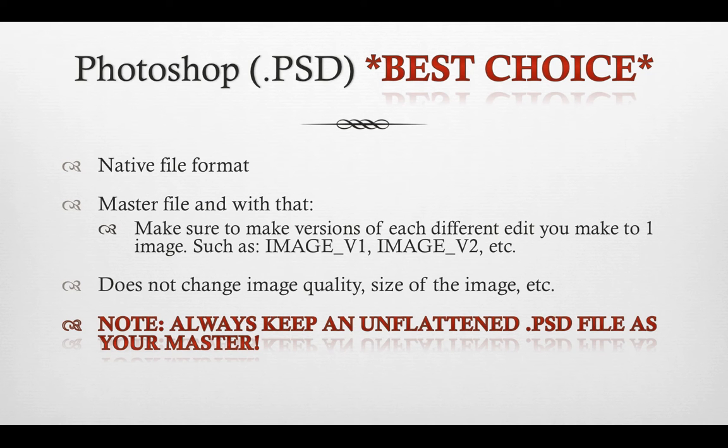And note, always keep an unflattened Photoshop file as your master. Because if you flatten it with the layer palette, you can't get it back. So always keep an unflattened Photoshop file.